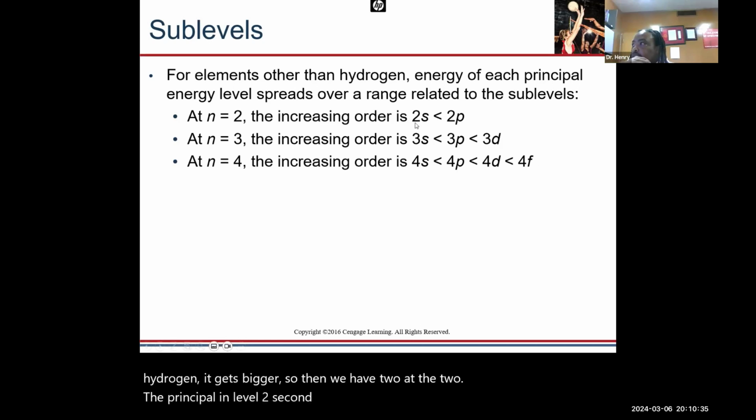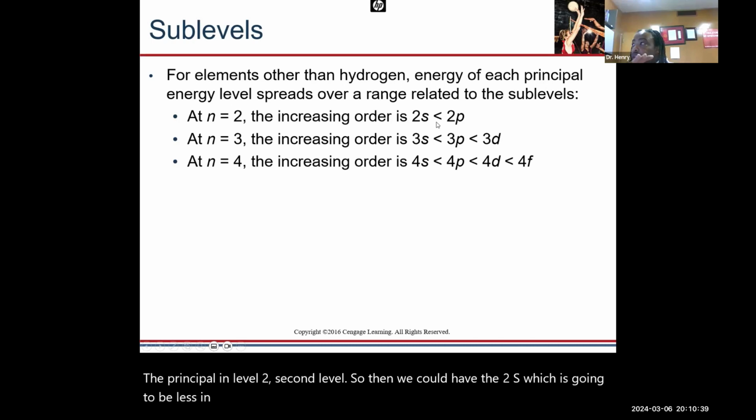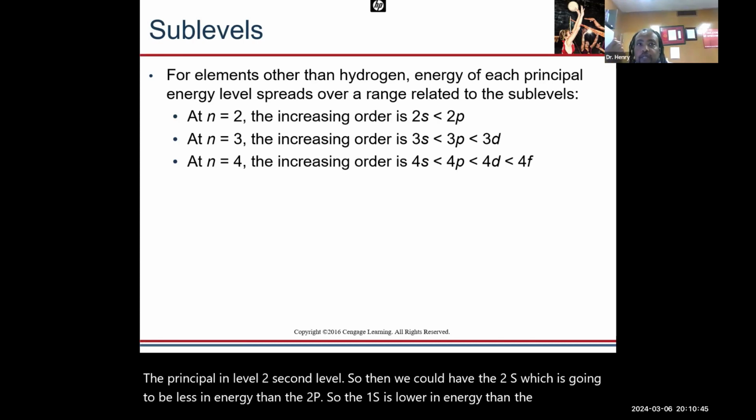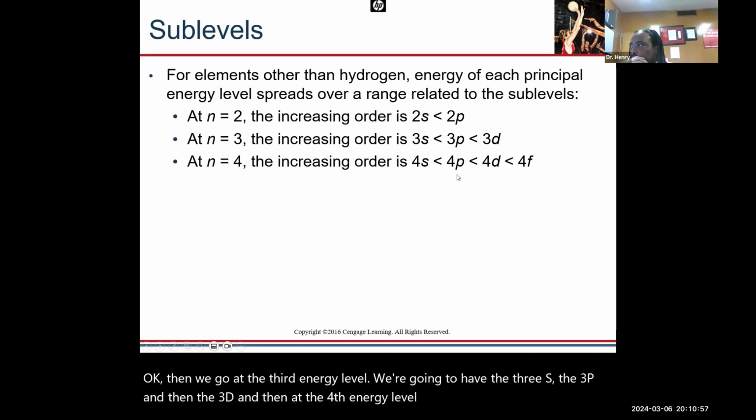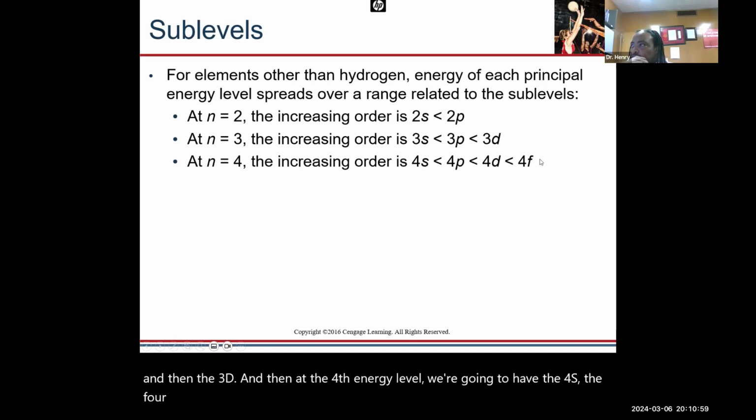Then we could have the 2s, which is going to be less in energy than the 2p. So the 1s is lower in energy than the 2s or the 2p. Okay. Then at the third energy level, we're going to have the 3s, the 3p, and then the 3d. Then at the fourth energy level, we're going to have the 4s, the 4p, the 4d, and the 4f.